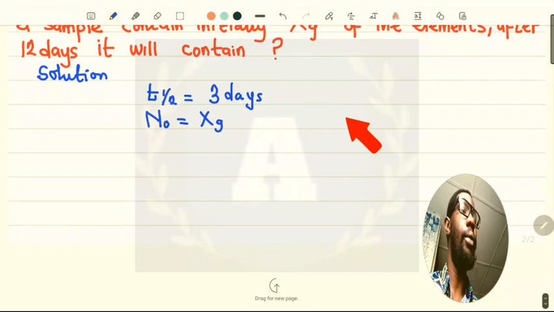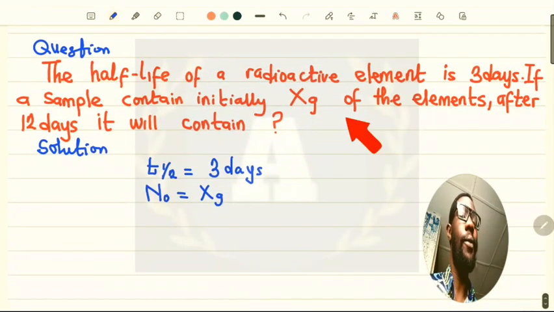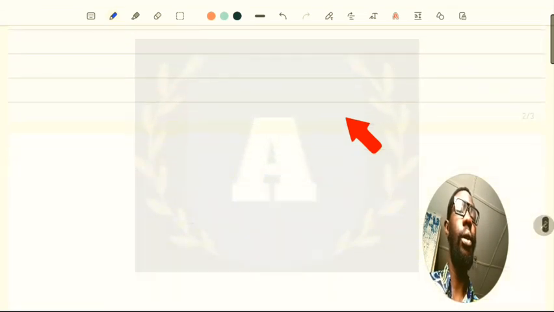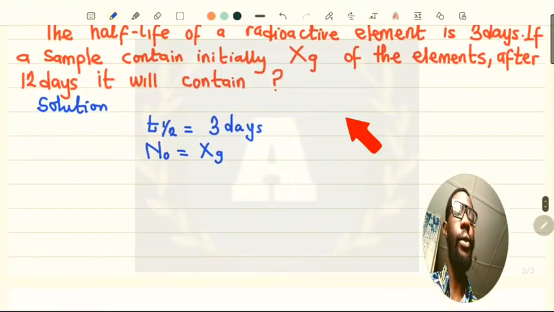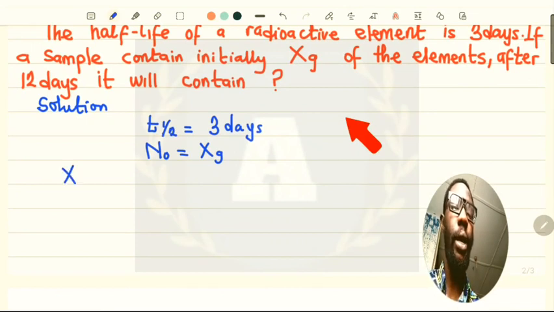The question is, after 12 days, what will it contain?